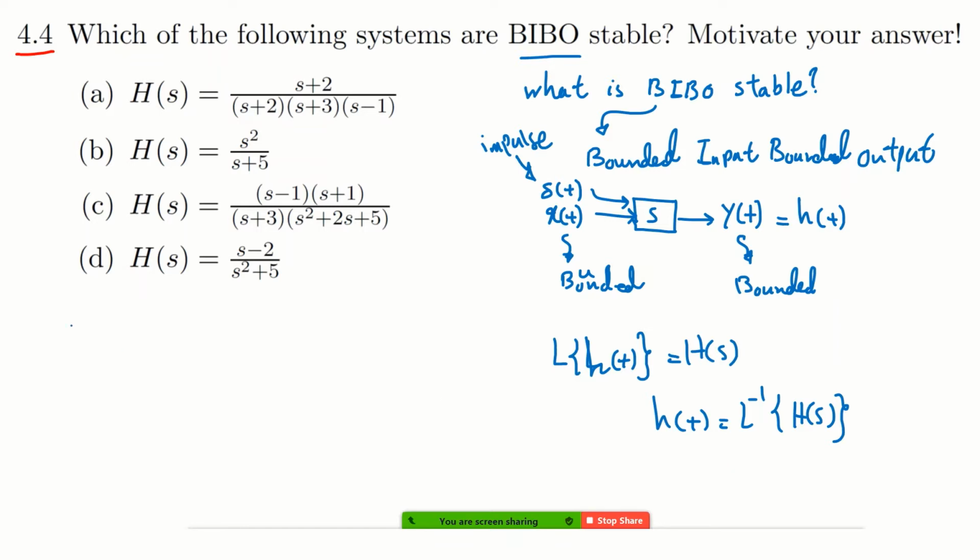But there is also a shortcut. The shortcut says you can simply check the poles of the system.